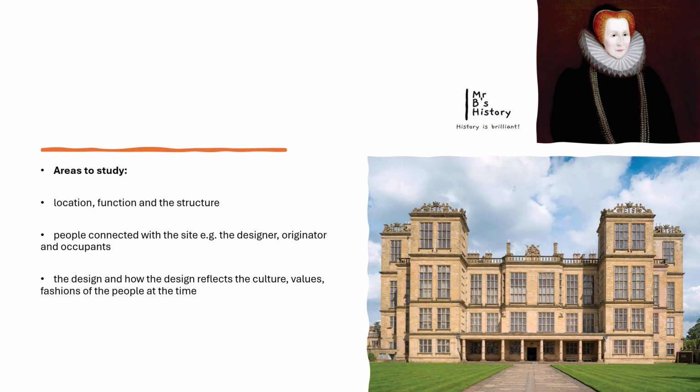How does the design reflect culture, the values and fashions of the time? If you think about it, I like to think of these palaces as the equivalent of asking in the early 21st century, if you were to say, what are the features of a lifestyle that a billionaire has, you would probably talk about an enormous yacht, and those yachts would have common features, although more recently you might talk about them having a vanity space program.